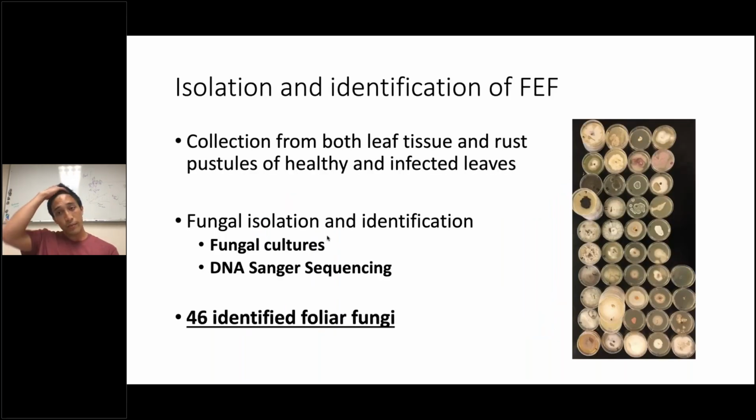Right, so the first step in this experiment was to isolate as many FEF as we could from both healthy and diseased leaves of related species that are susceptible to Myrtle Rust. I probably had a few hundred of these plates, but we separated them by morphotype, and in the end, we identified 46 distinct foliar fungal taxa.